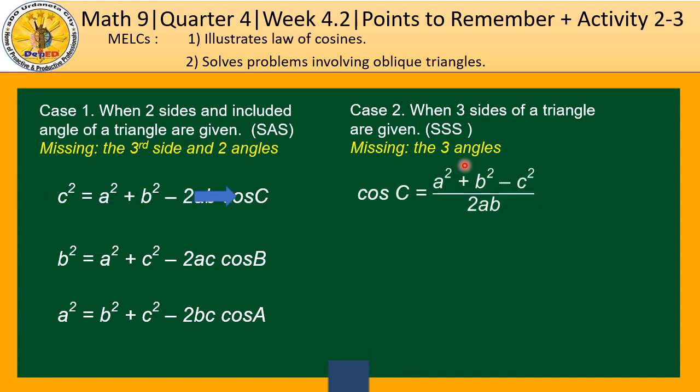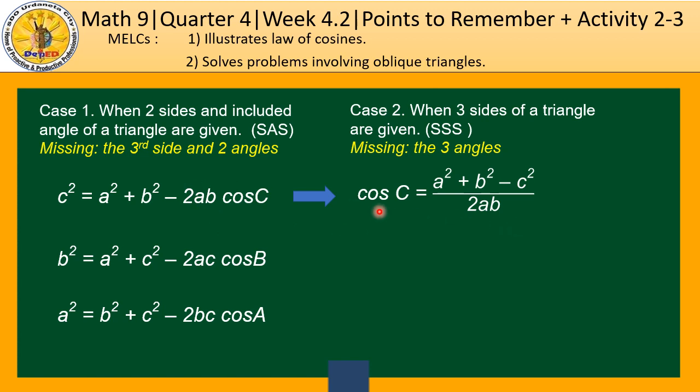We are going to use a formula that is derived from this original formula. This is a direct formula to solve for angle C. If you ask whether you can use the original formula in finding angles, of course, it is also applicable and can solve for angles.